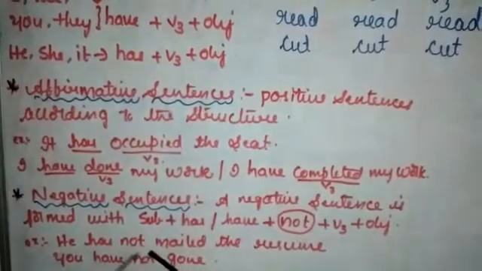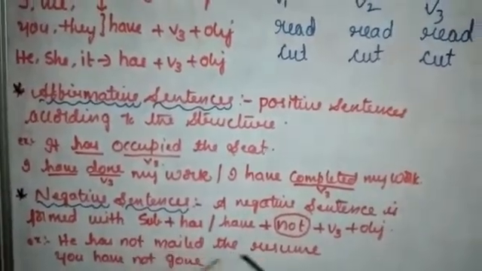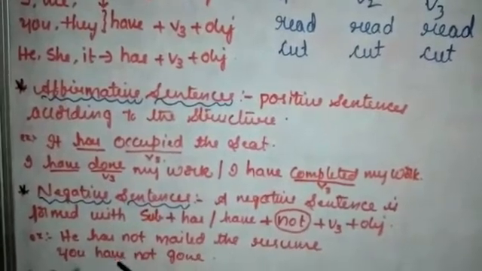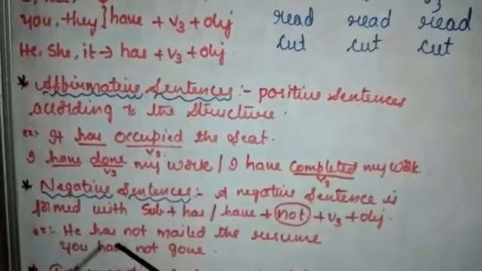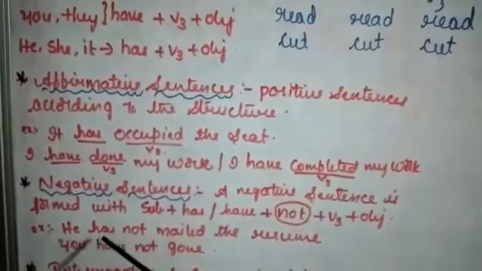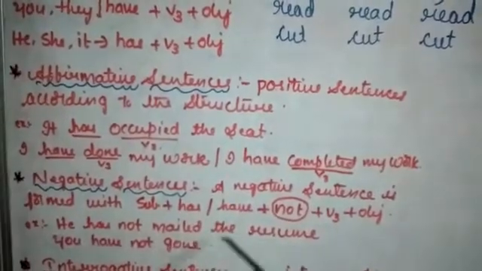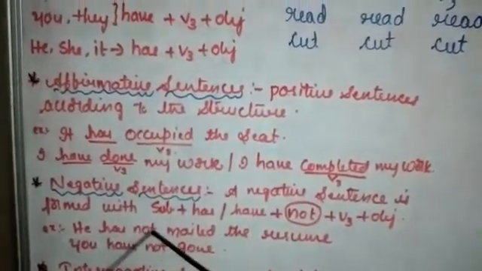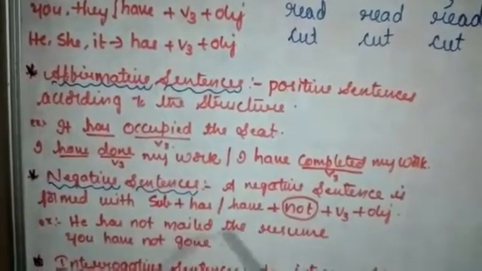He hasn't mailed the resume. While writing we have to write the full forms, has not. In spoken form we can use hasn't, the short forms. So, he has not mailed the resume. Not is added, so it has become a negative sentence. Or else, he has mailed the resume is an affirmative sentence.